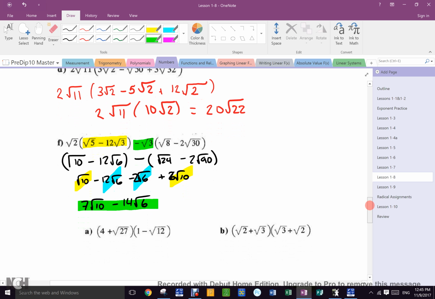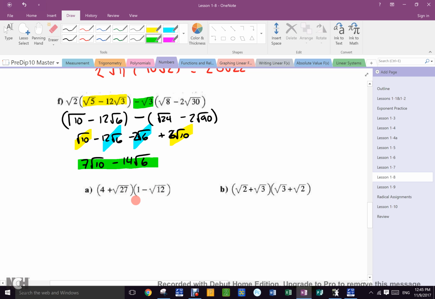All right. What are you going to do here? Are you going to FOIL right away? You can FOIL right away, but then you're going to have to factor out 27 times 12, which is 324, which is actually pretty easy to factor out because 324 is a perfect square, isn't it? So again, some of you will say, well, I'm going to simplify first.